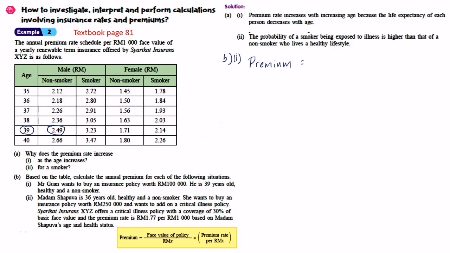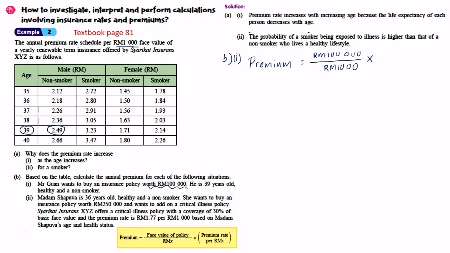Okay, now the face value of the policy is 100,000. Based on the question, the rate schedule is per 1,000 ringgit face value, so here you put 1,000. Multiply by the premium rate per RMS.